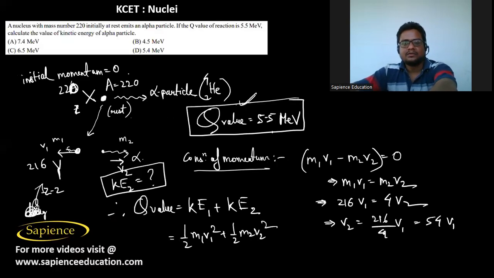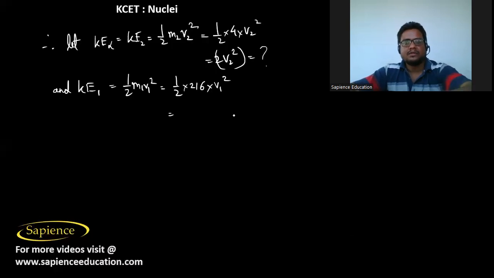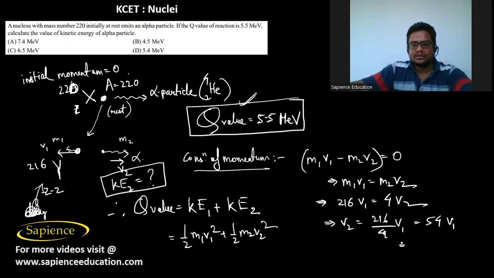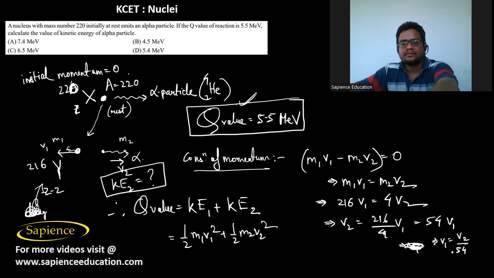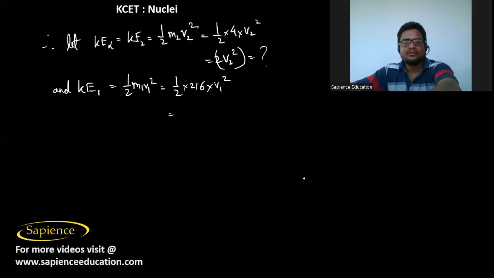And here we have also found that v2 equals 54 v1. So v1 equals v2 by 54.